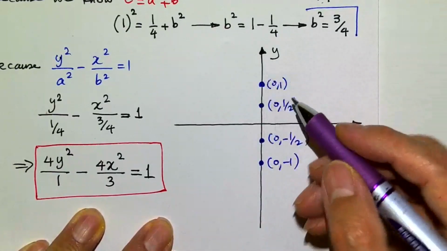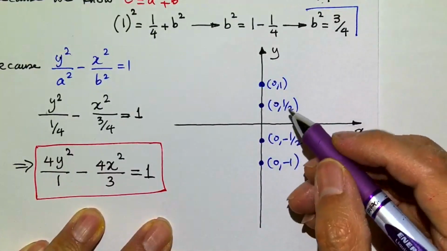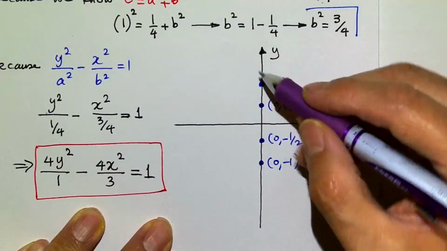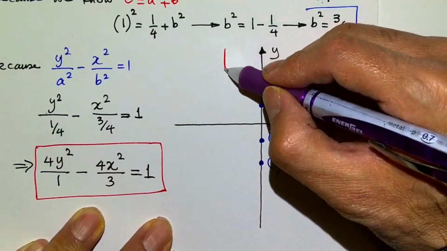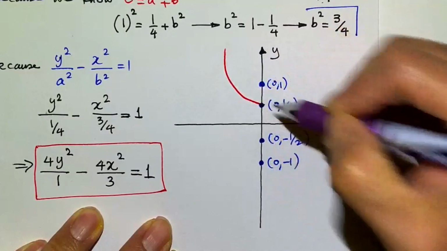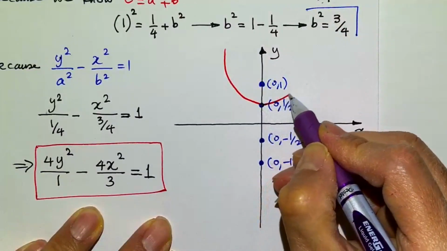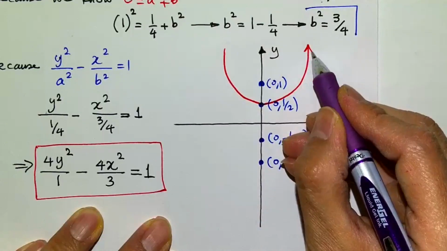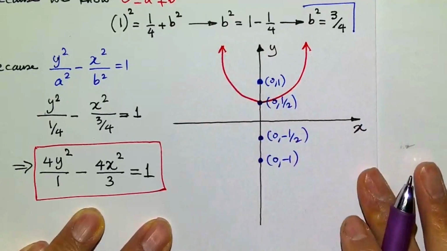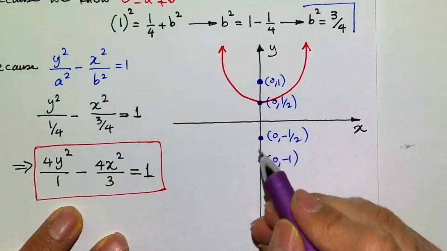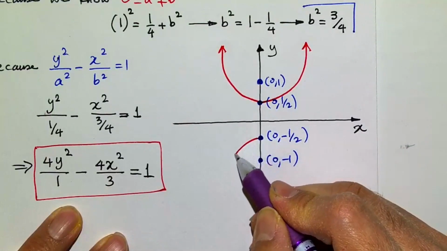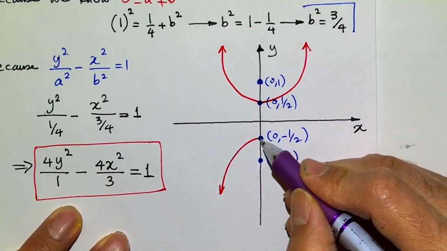The hyperbola is like this. It's coming here, going through that, and then doing that, like this. And on this side, it's going through that, like this.